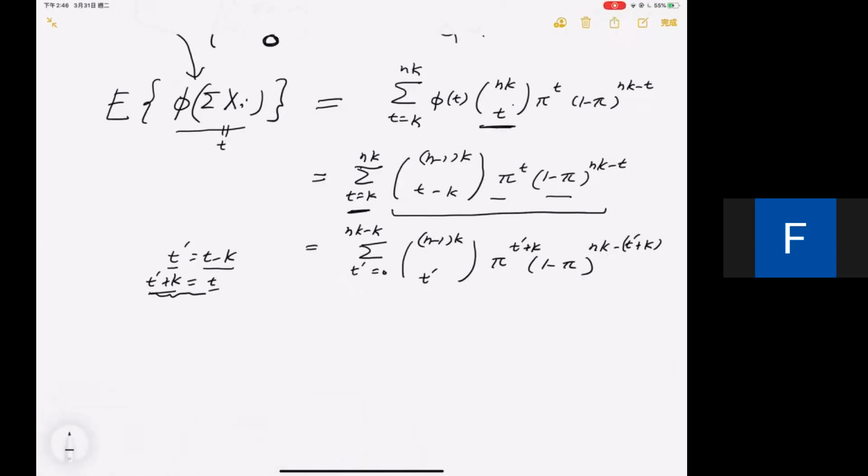Then t prime goes from 0 to something right here, or actually n minus 1 times k. Let me write it: n minus 1 times k.